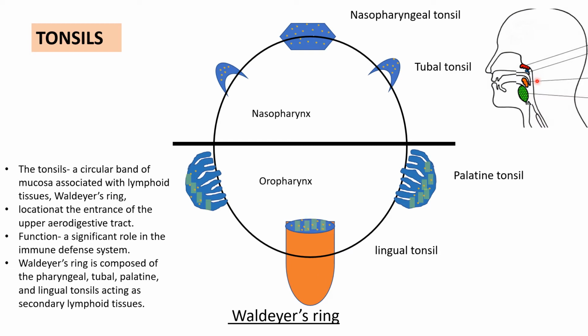So total there are 6 lymphoid tissues. 3 are present in the nasopharyngeal area, 3 are present in the oropharyngeal area. Here one can see the roof and the posterior aspect of the nasopharynx has this pharyngeal tonsil. Then around the tube is the tubal tonsil. Then the palatine tonsil and the lingual tonsil.